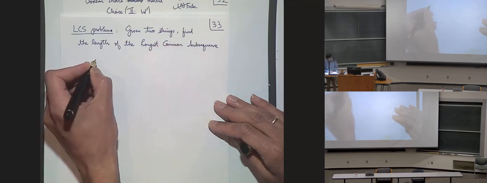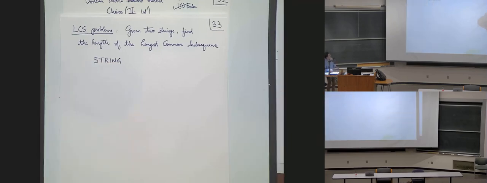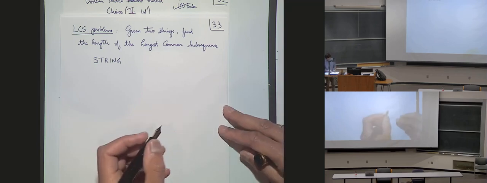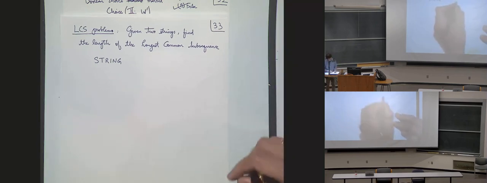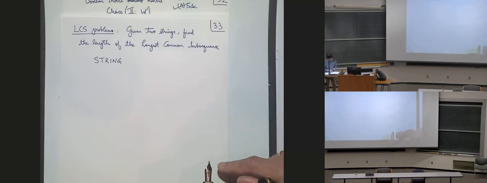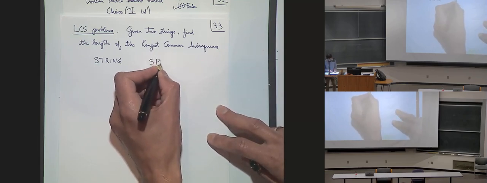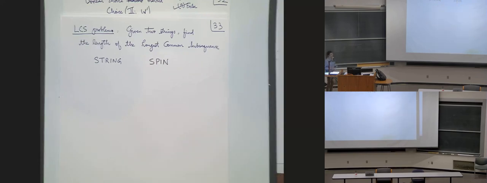So what does that mean? Suppose I take string, and I take, this wasn't the best example. Let me think of another one. And I take spin. I take these two. So what is the longest possible subsequence?